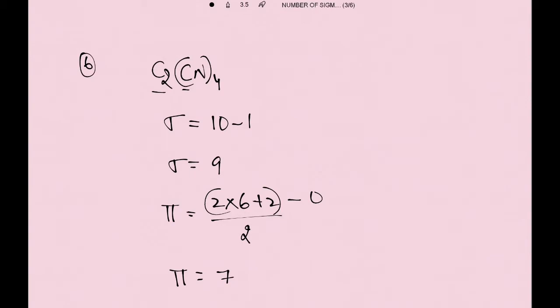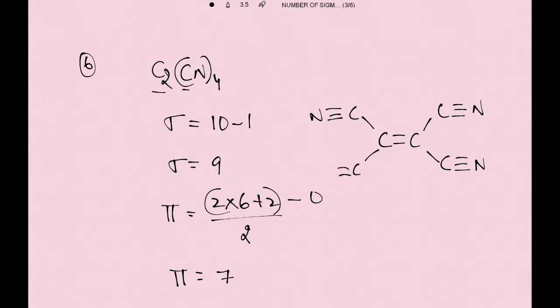The structure of C2(CN)4 is this way. C double bond C, C triple bond N, C triple bond N, C triple bond N and C triple bond N. And if you count the number of sigma bonds here, 1, 2, 3, 4, 5, 6, 7, 8, 9. 9 is the number of sigma bonds.